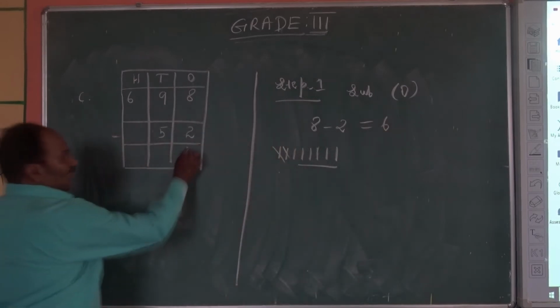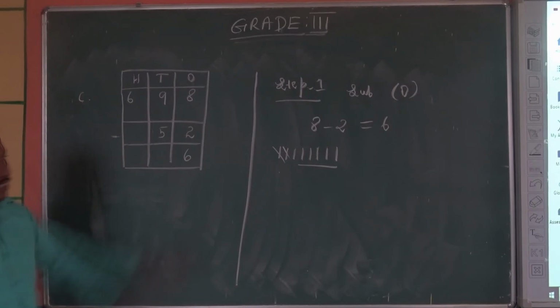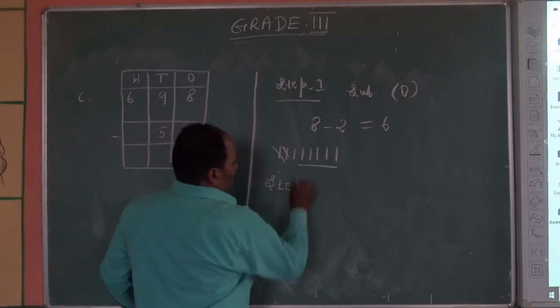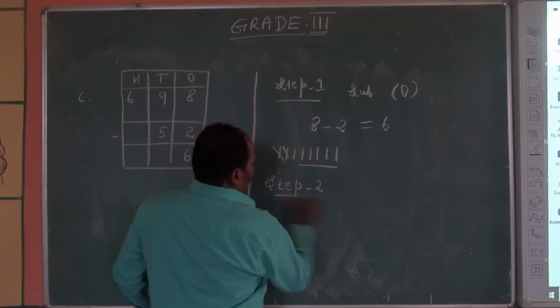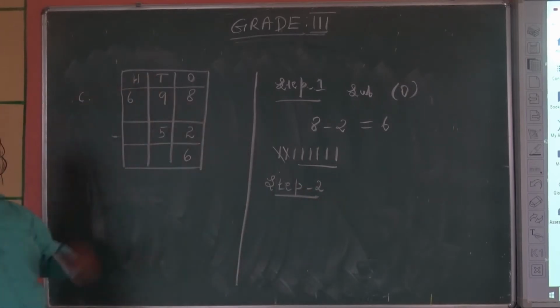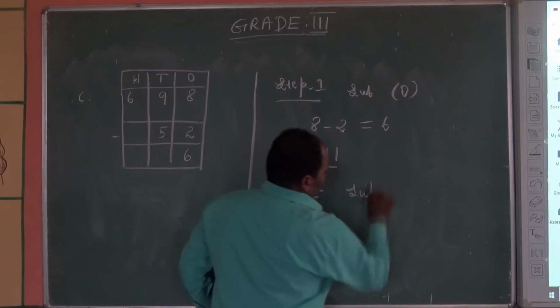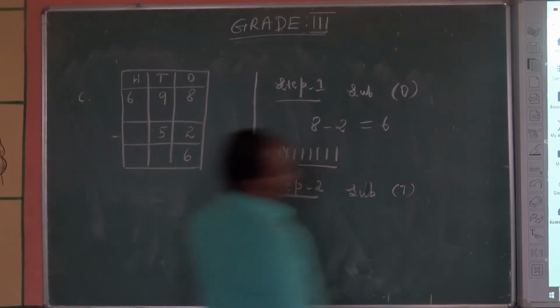The number 6 write in ones place. Next step 2. Subtract the tens place.